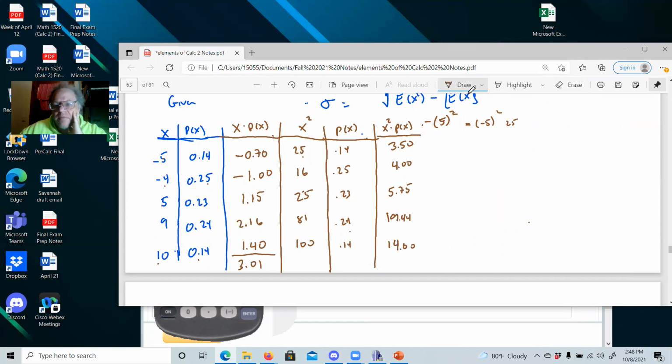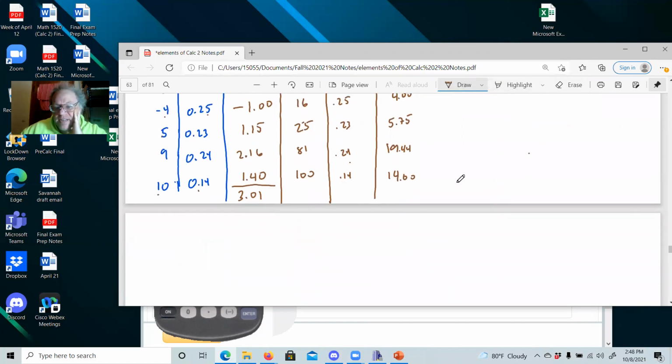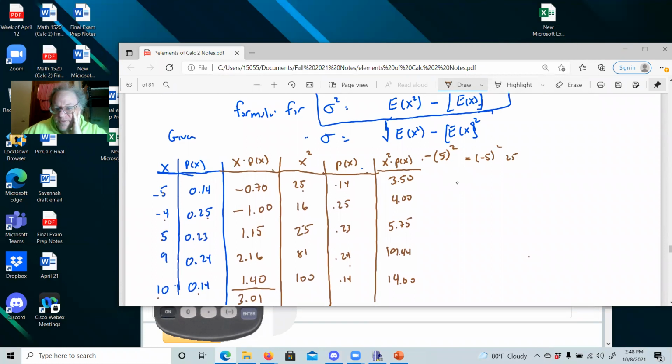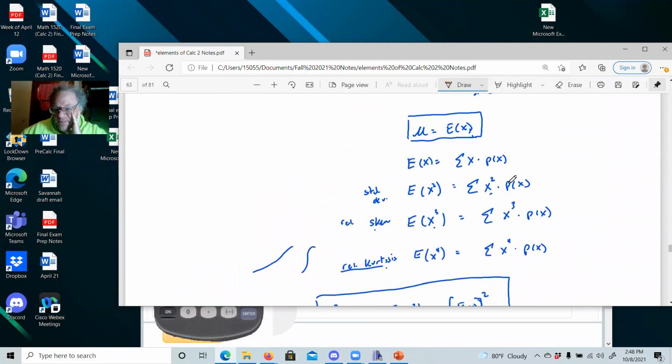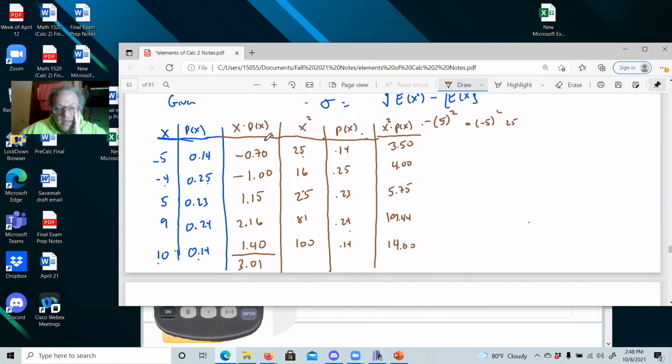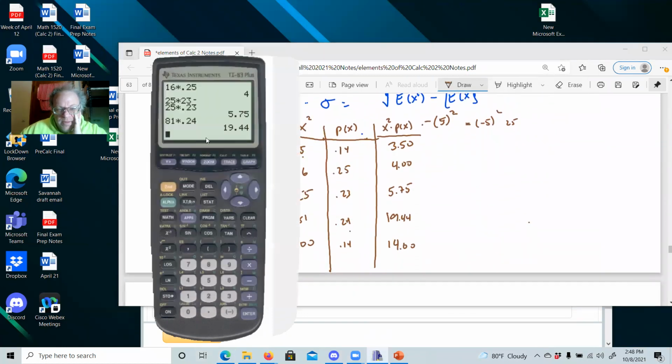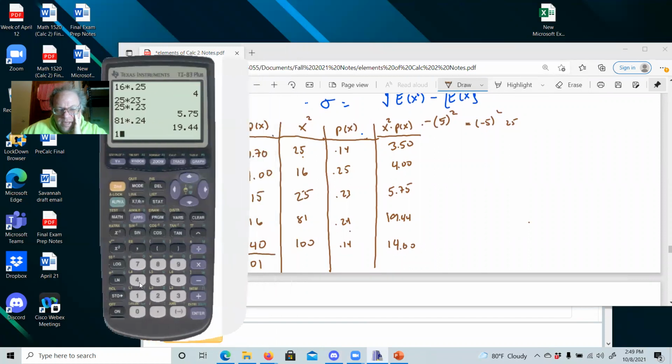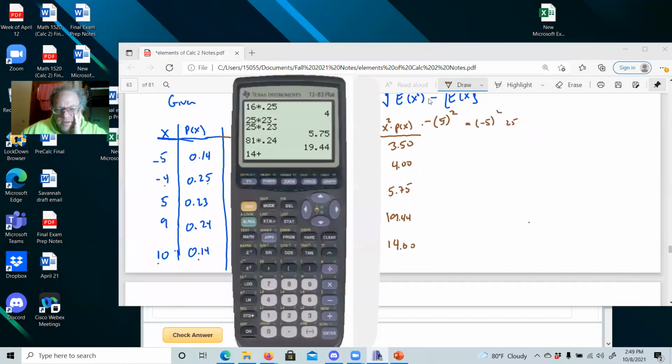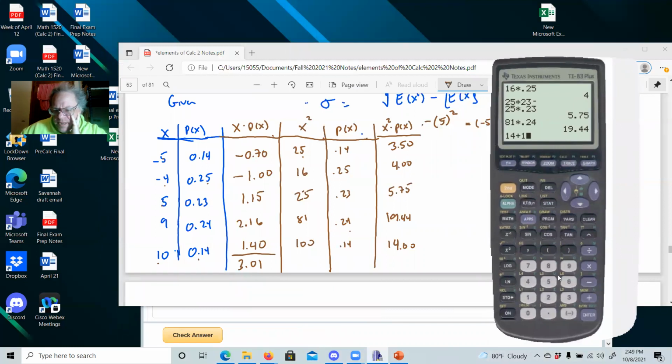All right, and we're just going to add those up. Okay, so that's the next thing to do, is to add those up, right? Because that's what the expected value says, is we need the sum. So that's going to look like 14 plus 19.44 plus 5.75 plus 4 plus 350.